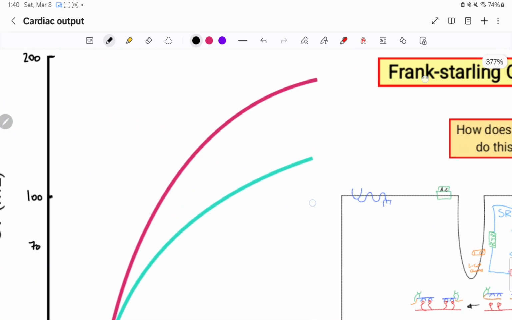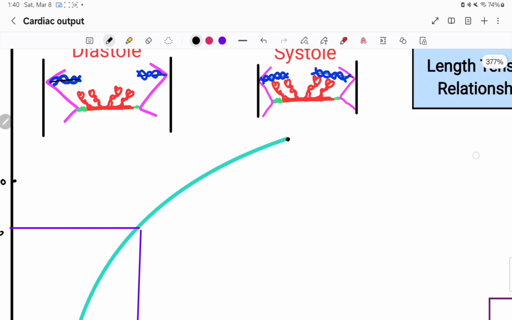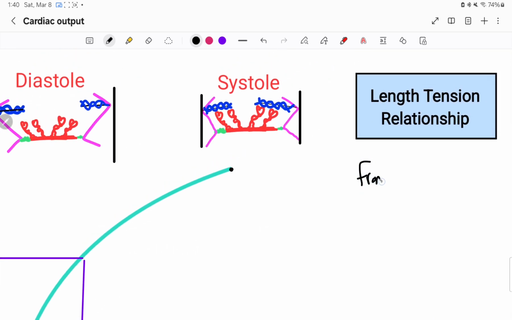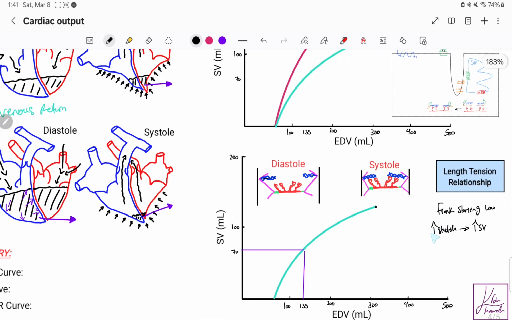If I was to give you the skinny on it, the Frank-Starling law says that if the myocytes are stretched more, that is going to lead to a higher stroke volume. So the higher the amount of stretch on the myocardium, the higher the stroke volume.